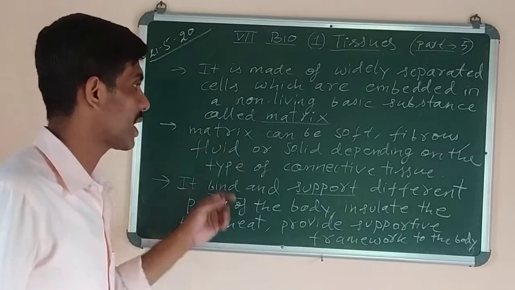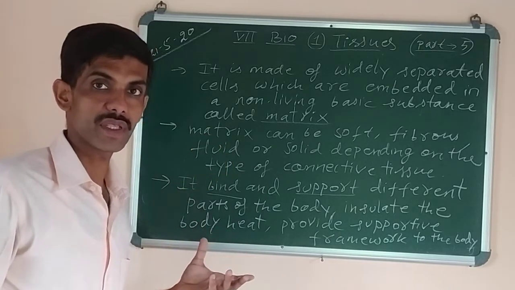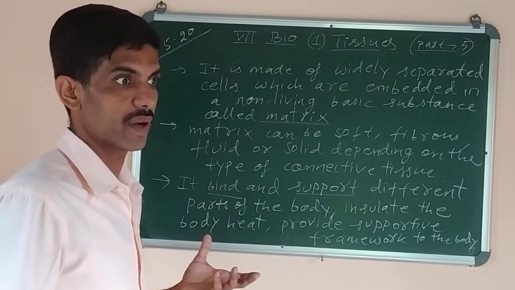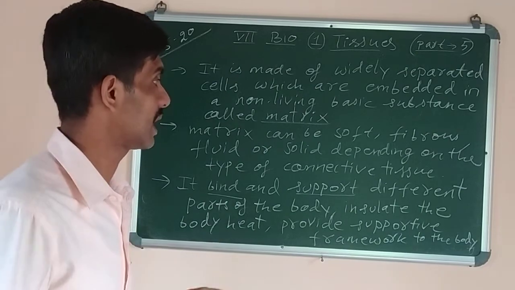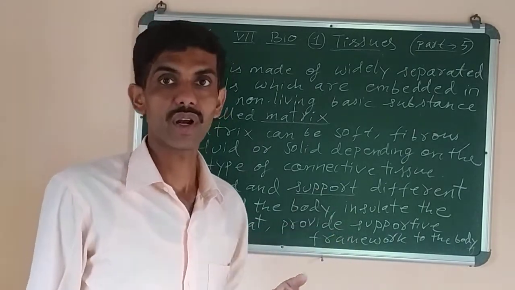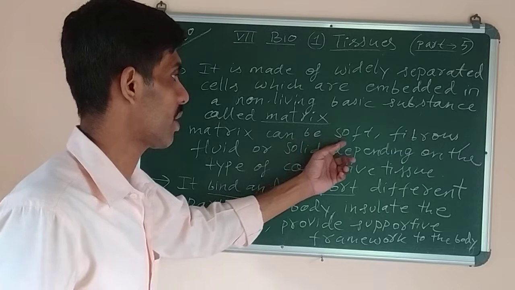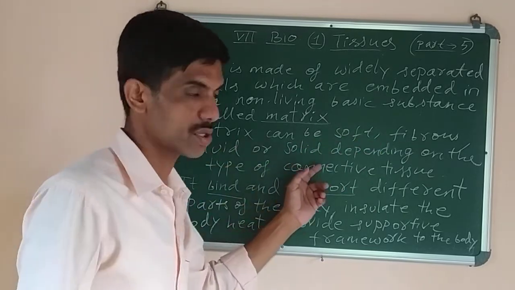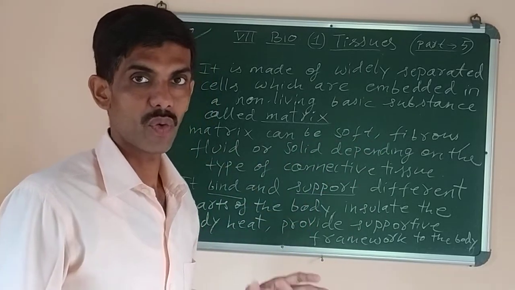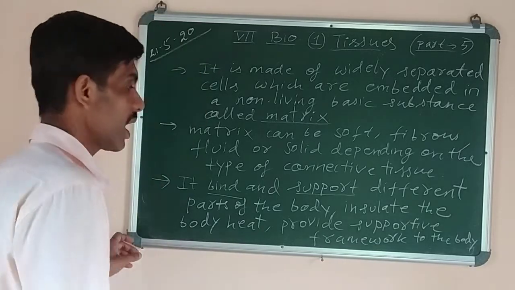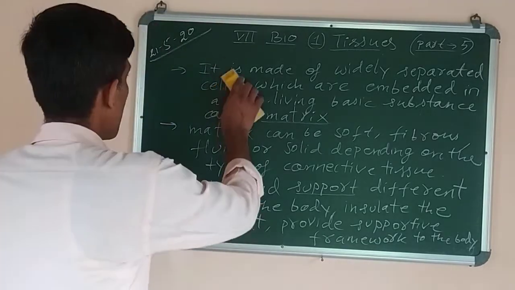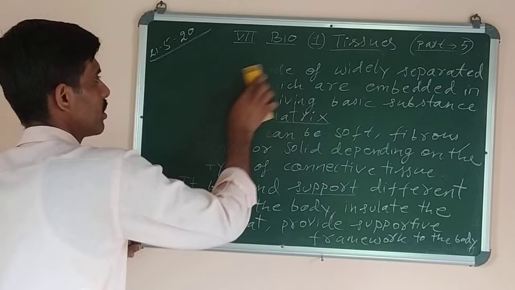Nature of matrix means what type of physical condition is there in the matrix. Is it soft, solid or liquid? It can be of different types: soft, fibrous, fluid, or solid. It depends on which type of connective tissue is there. Accordingly, different types of matrix are there. Hope you understood this one.